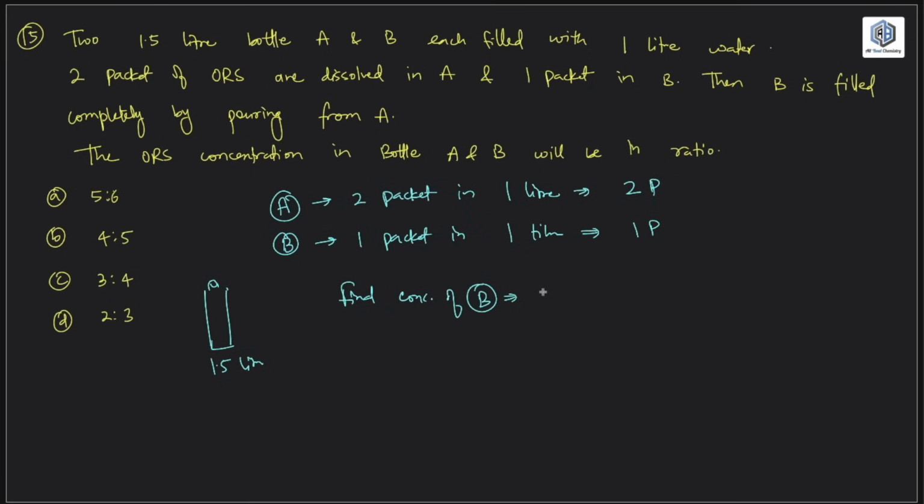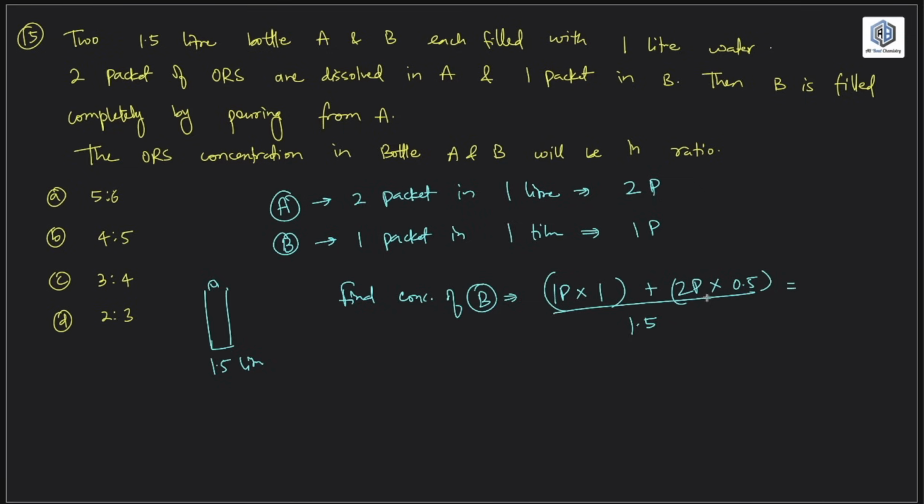You can calculate this by the formula, M1 V1 like that. Basically you already had 1p into 1, that was 1 liter, plus you are also adding 2p into 0.5 liter, and divide this by 1.5, because the total volume is this much.